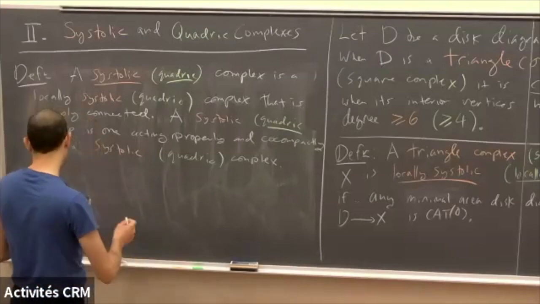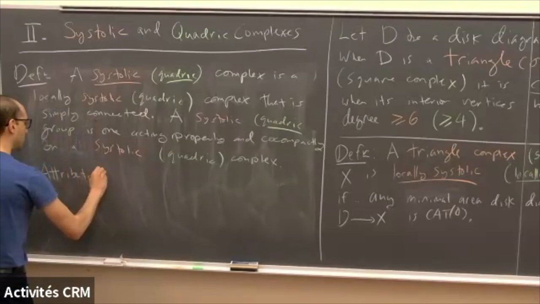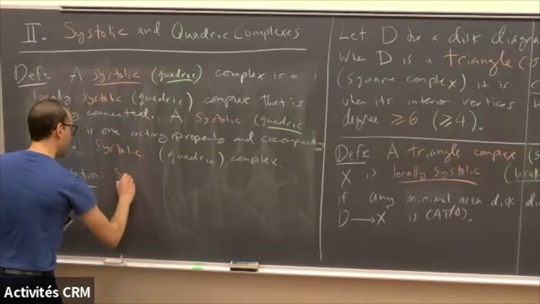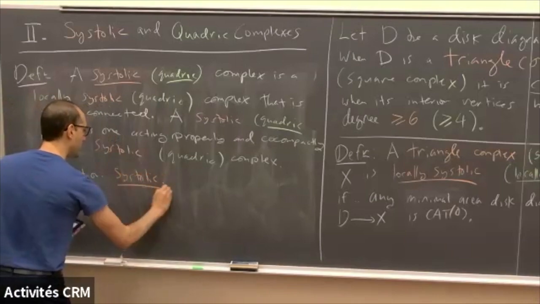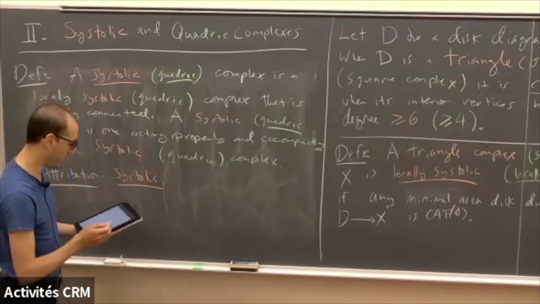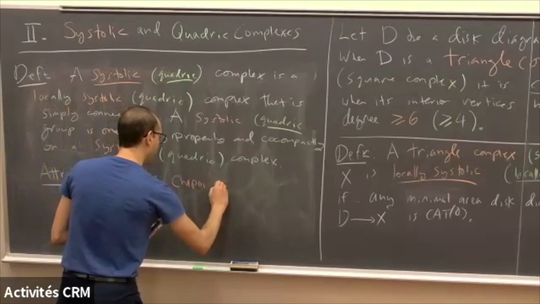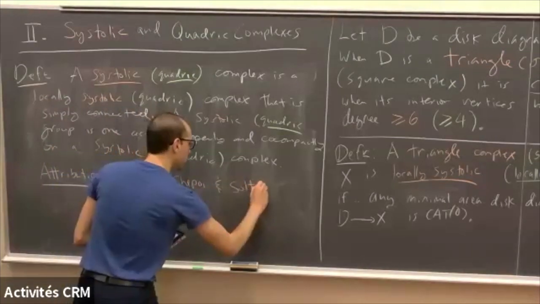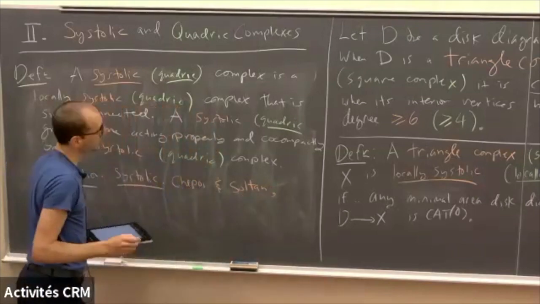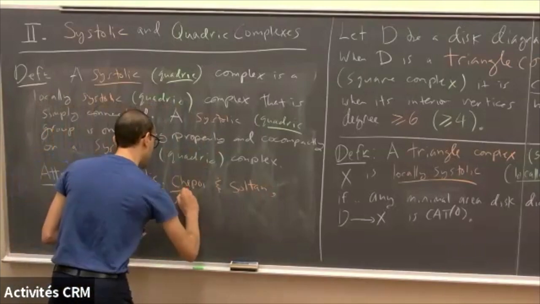So some attribution. Where did all this come from? Well, a number of places. These things were sort of invented and reinvented multiple times. Chepoi and Soltan studied bridged graphs, which are essentially the same objects.